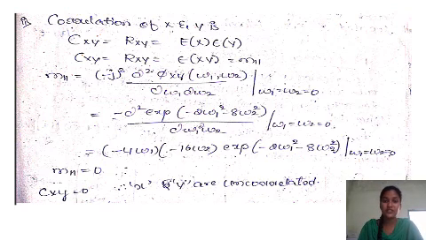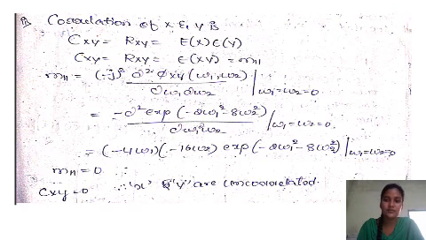If you differentiate with respect to both ω1 and ω2, we will get minus 4ω1 into minus 16ω2 of e^(minus 2ω1² minus 8ω2²), where ω1 and ω2 are equal to 0.